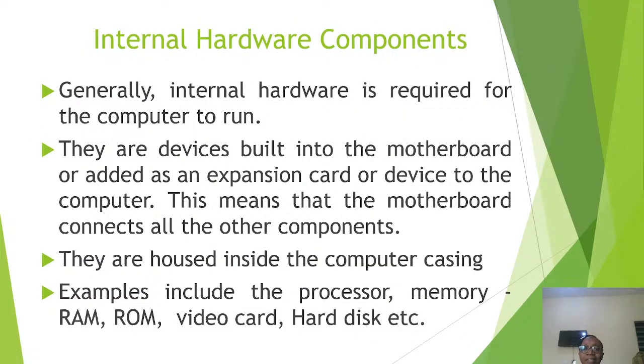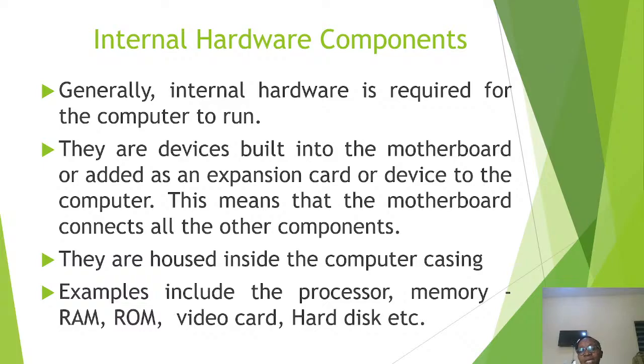So generally, internal hardware is required for the computer to run. Most of those devices that we classify as internal, you see that without them, the computer cannot run. They are devices built into the motherboard or added as an expansion card or device to the computer. This means that the motherboard connects all the other components.